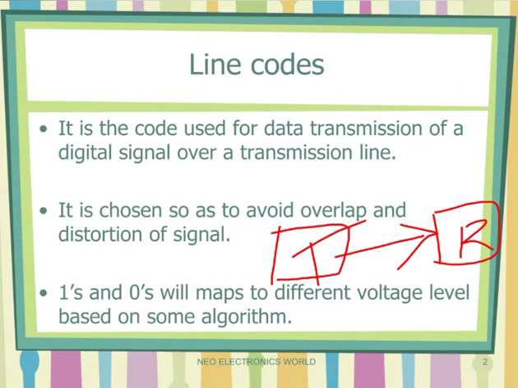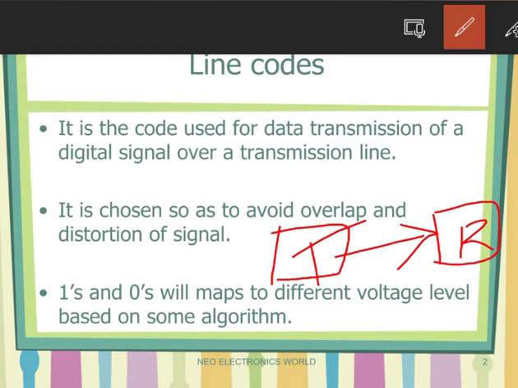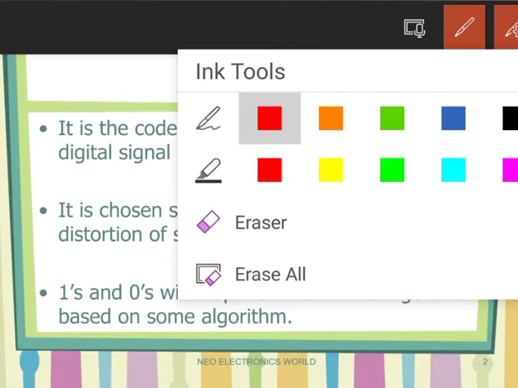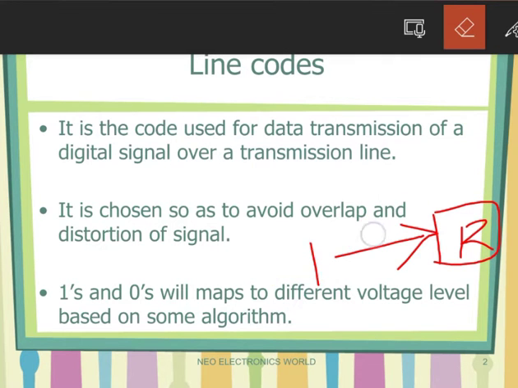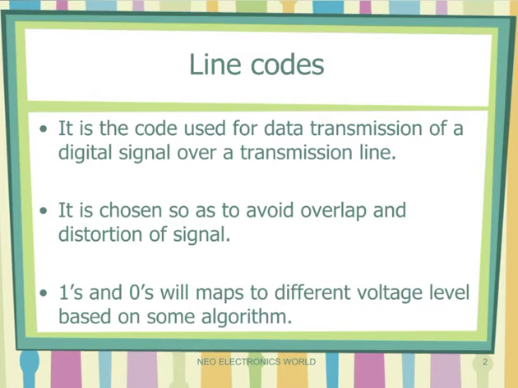The arrow we can see between these two blocks is known as the channel. While transmitting through the channel, we need codes called line codes in order to transmit the data from the transmitter to the receiver. Those codes are known as line codes.